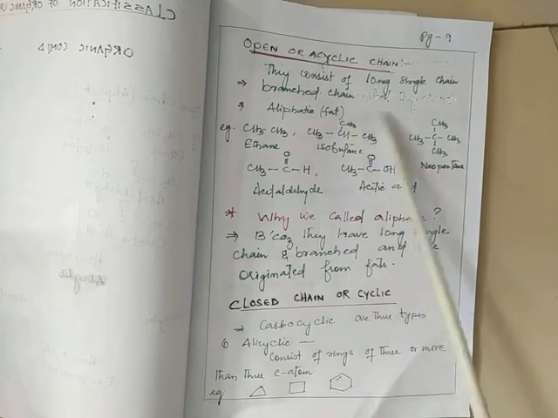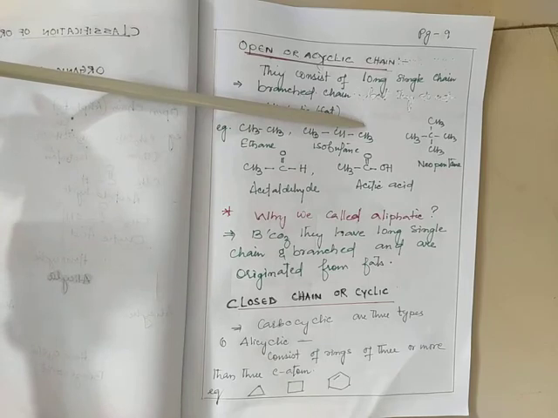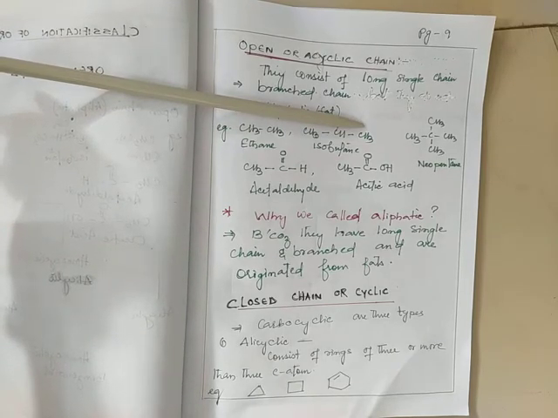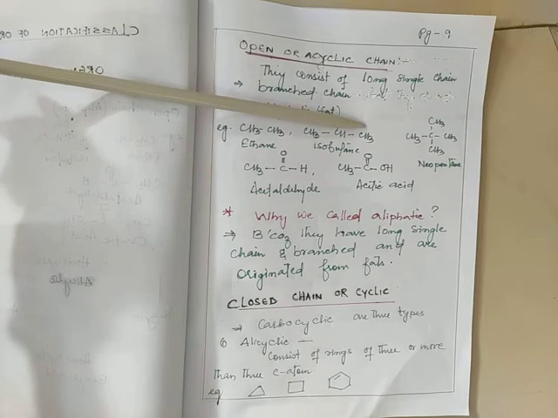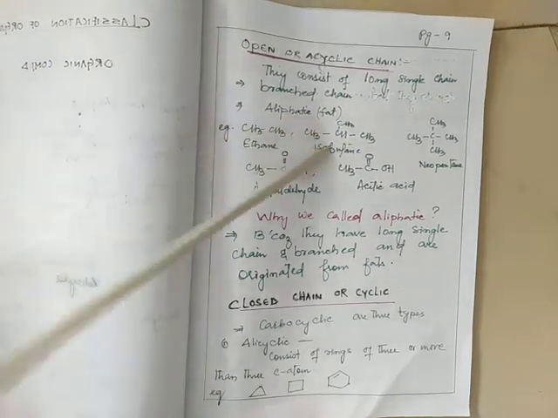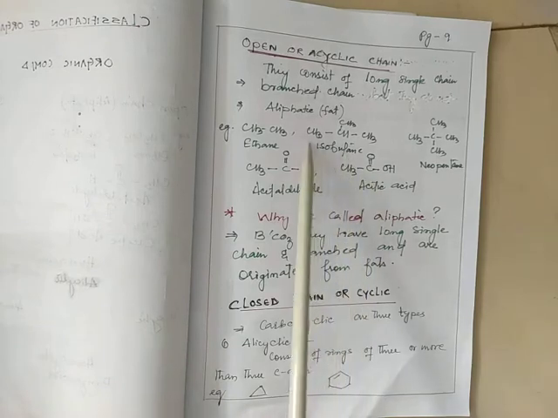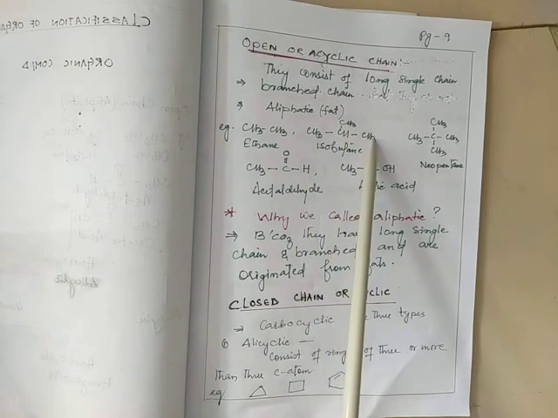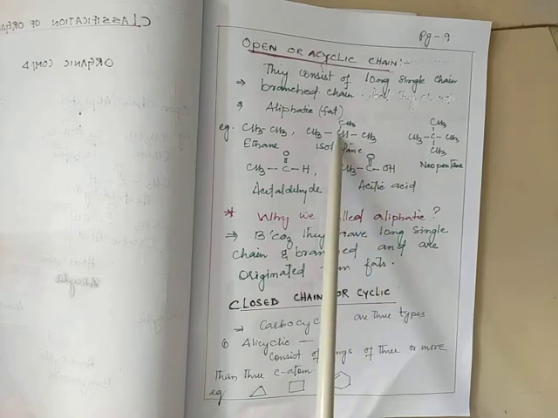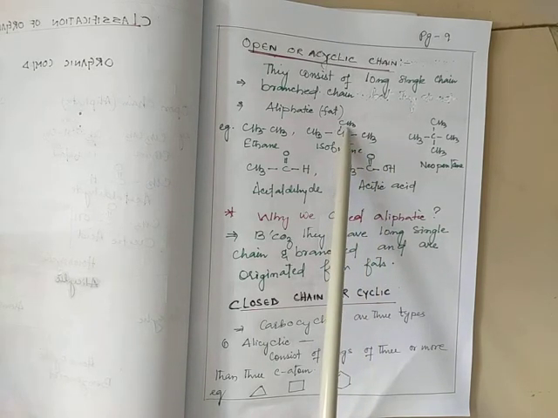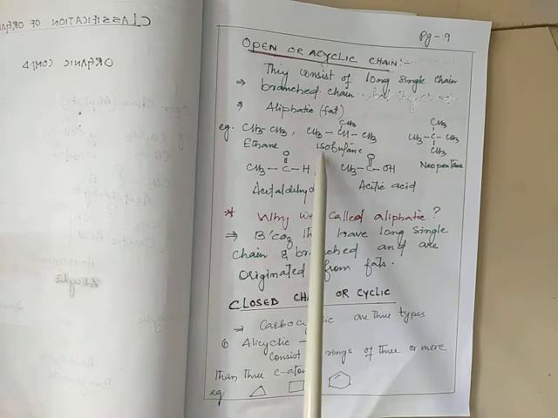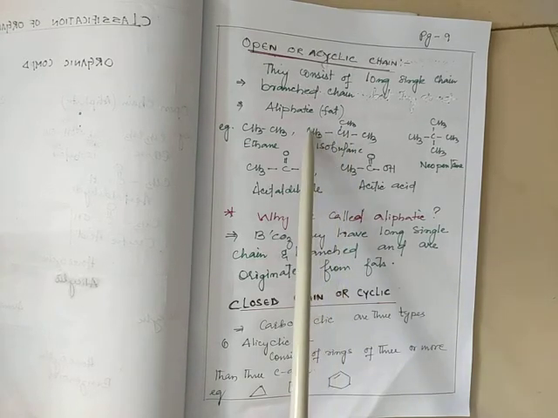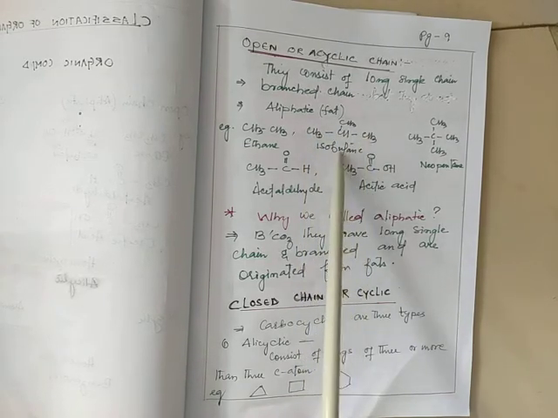Now we see this: CH3, CH3, CH, and then CH3. This is the parent chain, and in the parent chain there is one CH3 branch, so we call it isobutane. Here 1, 2, 3, and 4, so 4 carbons are there, and in the middle there is a CH3, because of that we say iso, then we count the carbons, then butane.